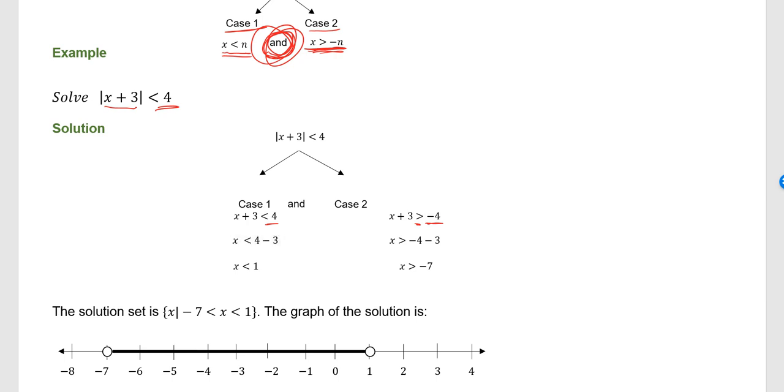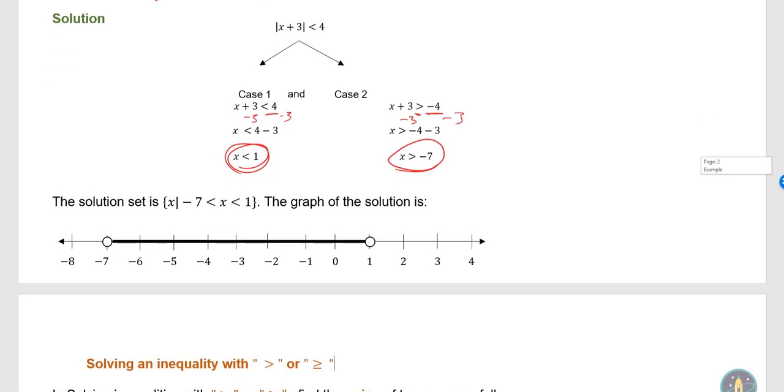Isolate the x, right? So we can subtract 3 from both sides, so we'll have x less than 4 minus 3, which is x is less than 1. Here again we just solve for the x, so we can subtract 3 from both sides. So we have x is greater than minus 4 minus 3, meaning x is greater than minus 7.